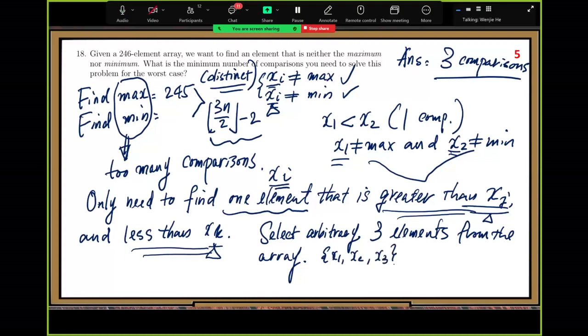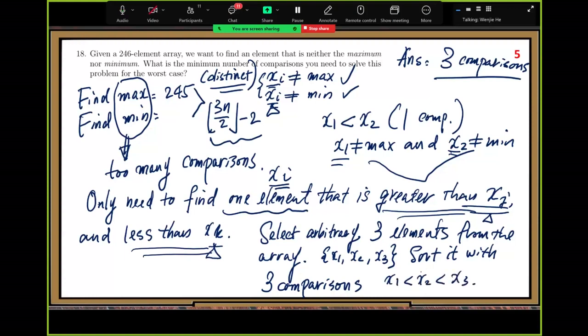That's good enough. We only need three. After we select three, can we sort it? Yeah, and we sort it with three comparisons. We know that, we just need three comparisons to sort it. Let's assume x1 less than x2 less than x3 after the sorting.